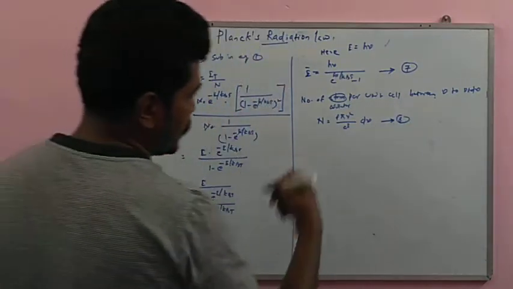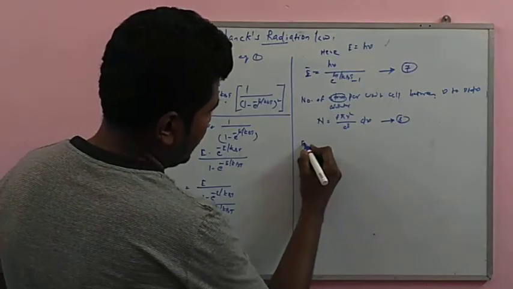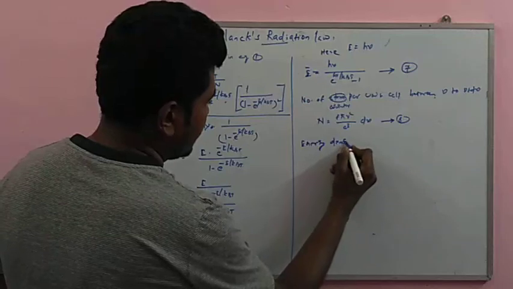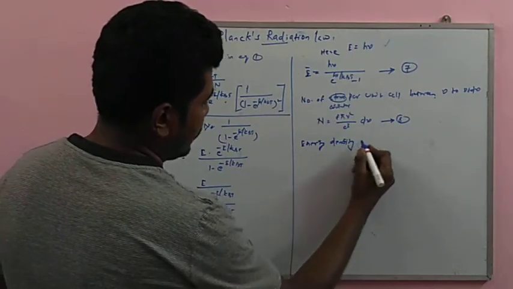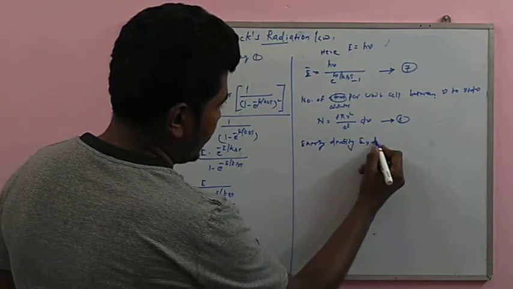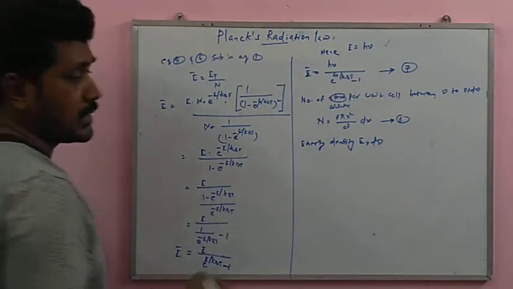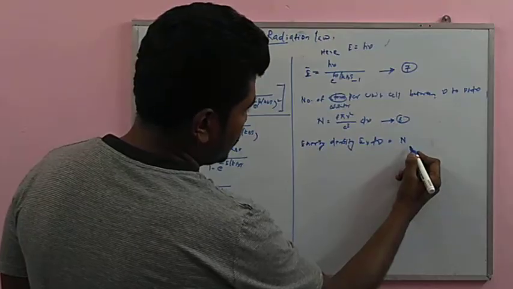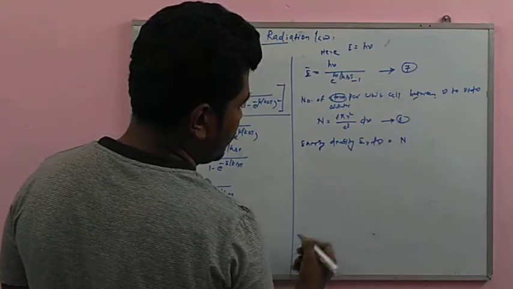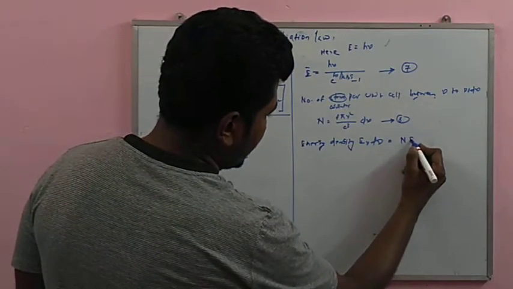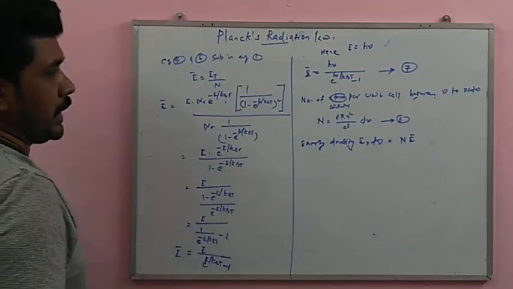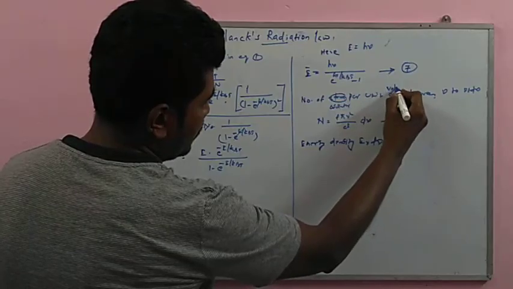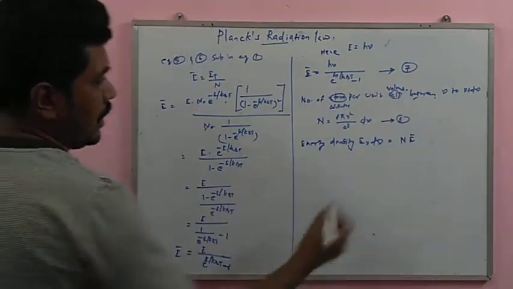Next, the energy density. That value is E mu d mu, the value for energy density. That is equal to the number of oscillators per unit volume into the average energy.